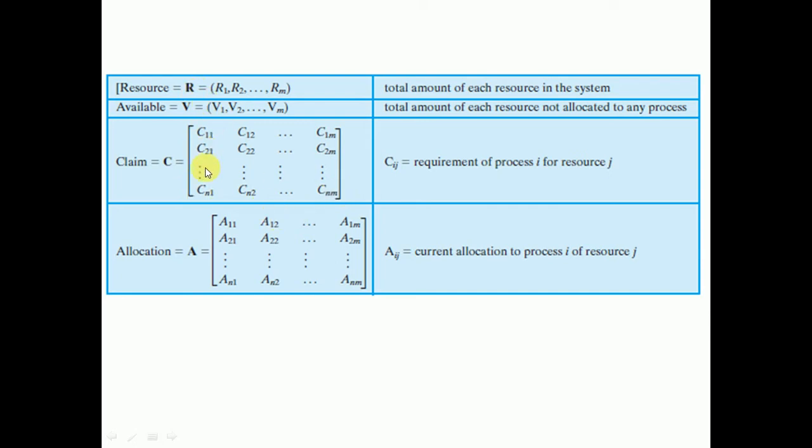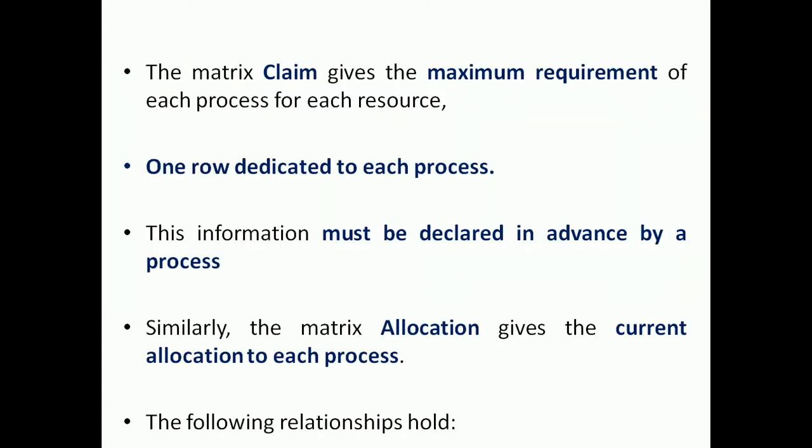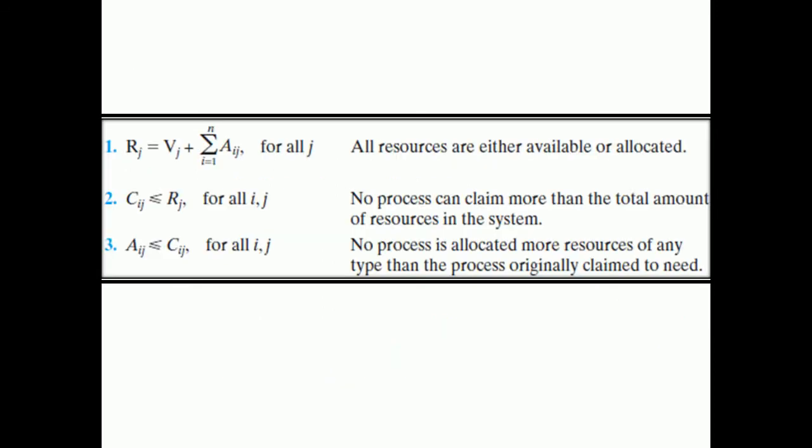This is for resource 1, resource 2, resource 3 and resource m. And allocation. Now from this A matrix we can identify what are all the resources already allocated, what is the current allocation status of the particular process with respect to the resource. Okay, so that is the detail of that particular matrix.